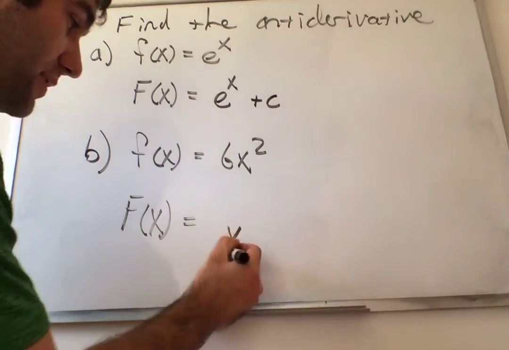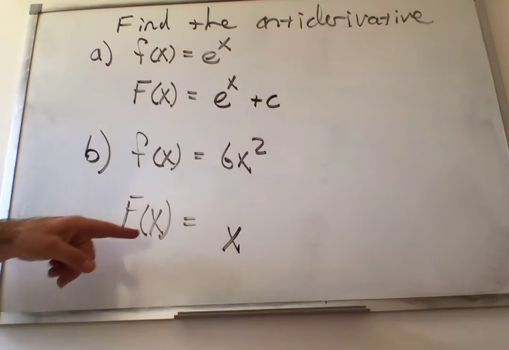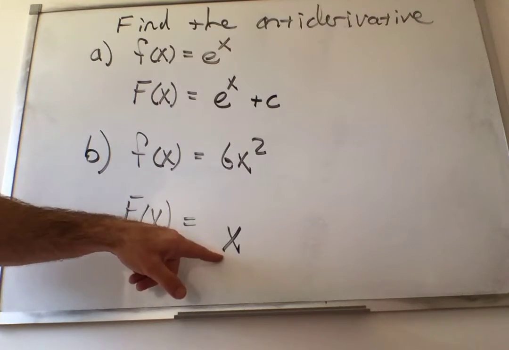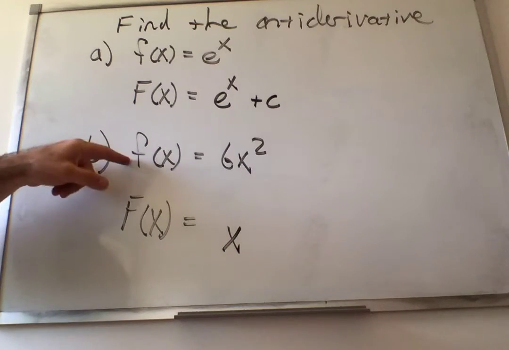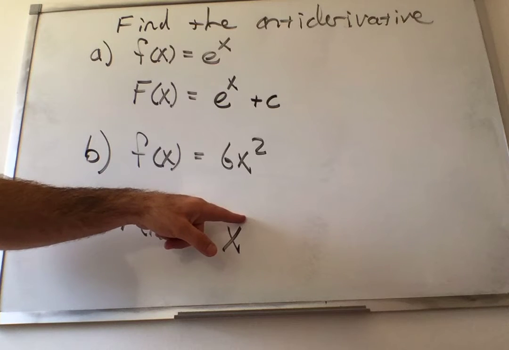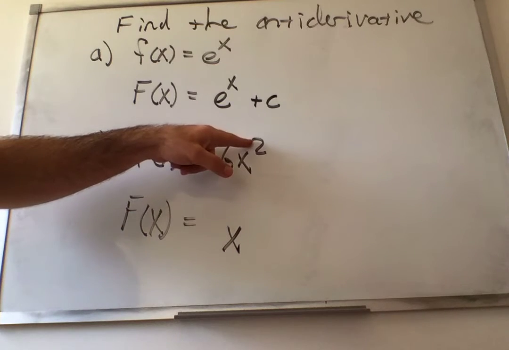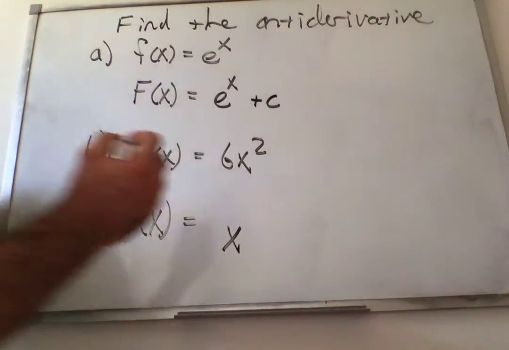So I'm going to put an x. Since it is a power function, we would have to do the power rule on whatever this answer is to get this little f of x. So if I do the power rule on this, I do have to subtract 1 power. This power is a 2, so that means this power has to be a 3.